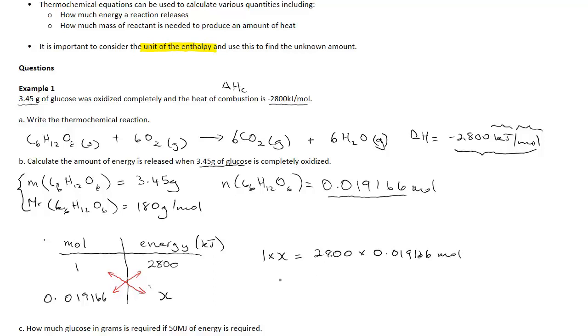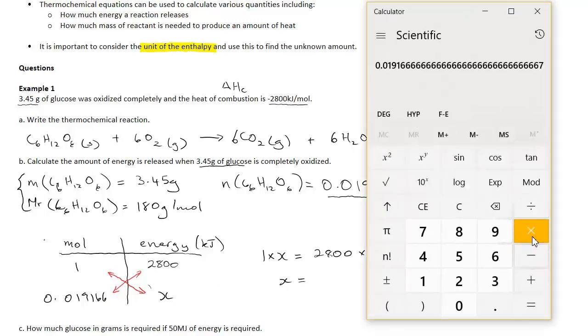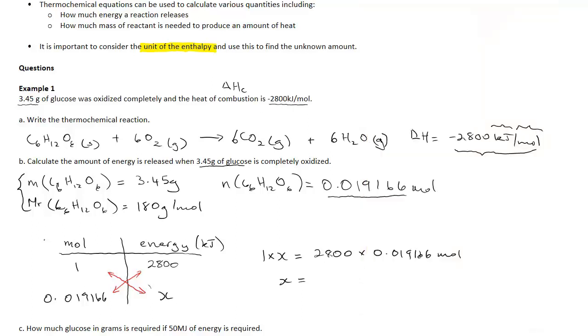And by doing so, we are finding the unknown energy. So we're going to take that value that we just had before, and times that by 2,800. We get 56.767. Okay.